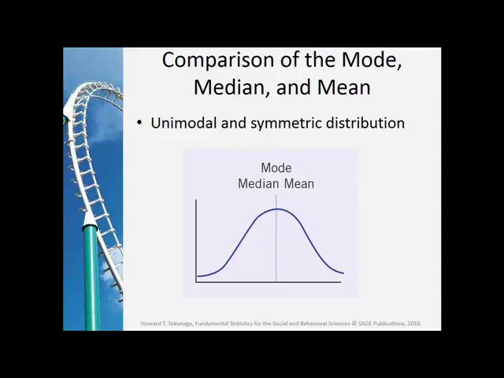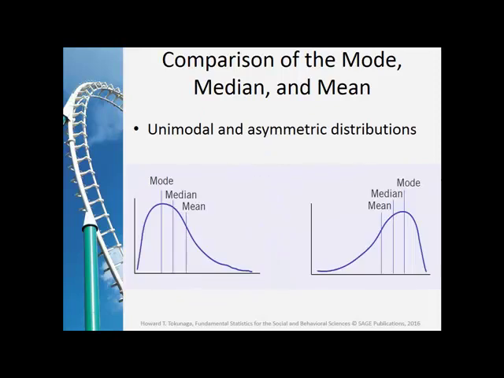And in this case, what we have is a standard normal distribution. The mean, the median, the mode all represent the same value. With skewed distributions, the mean, the median, and the mode won't be the same. And in fact, the pattern of it will tell you which direction the skew is.